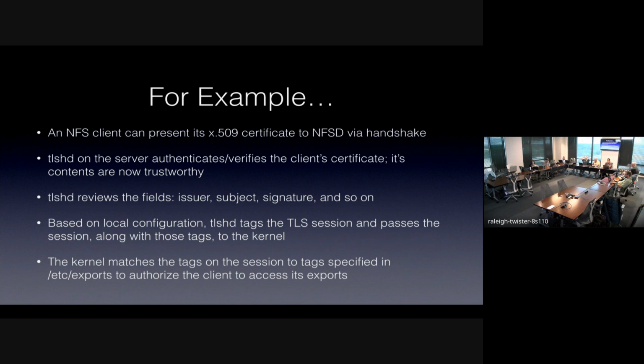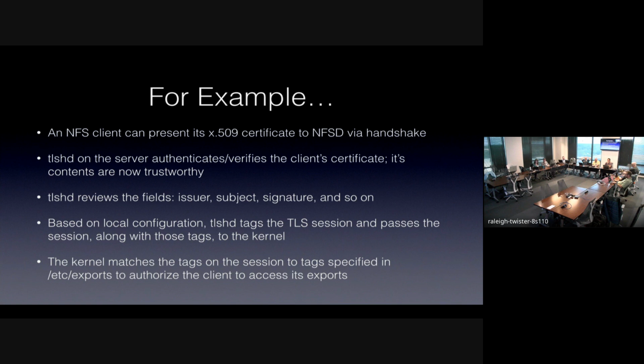As an example, say an NFS client is doing a mutual TLS authentication. It presents its X509 certificate to the server. TLS HD has a bundle with a trust chain in it. It can authenticate that certificate and say, I recognize this client, and I trust that the contents of the certificate are valid.